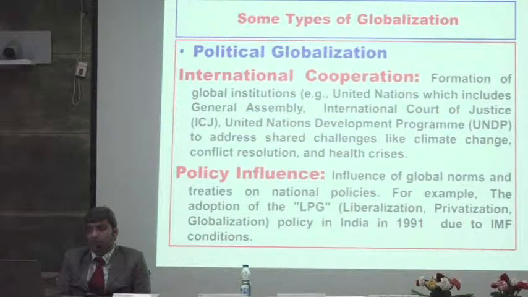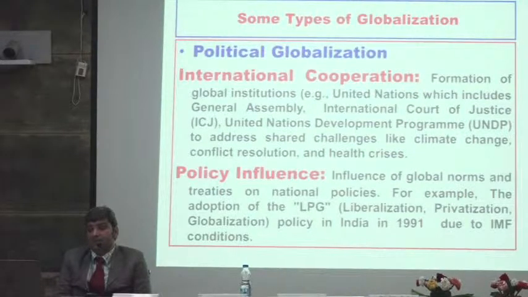Policy influence: influence of global norms and treaties on national policy. For example, adoption of liberalization, privatization, globalization policies. In India, we adopted the LPG policy in 1991, and this was much more due to an international organization, the International Monetary Fund. We needed finance from the International Monetary Fund, and the IMF guided us: we can provide you funds, but you have to adopt these policies in your country so that you can get development.